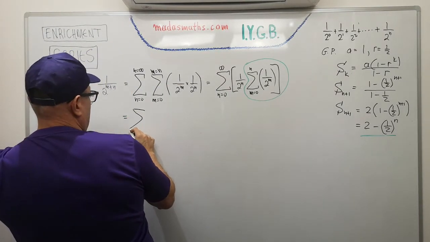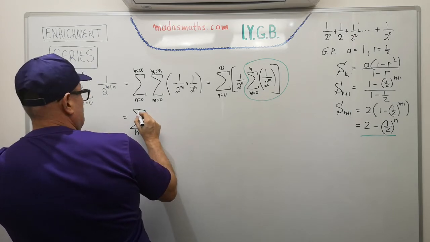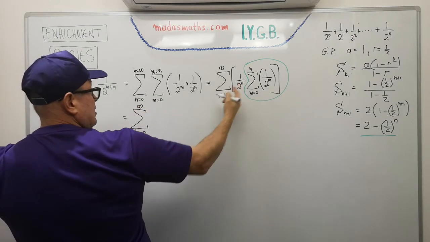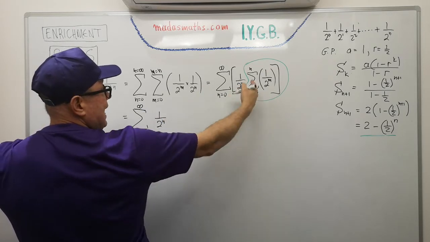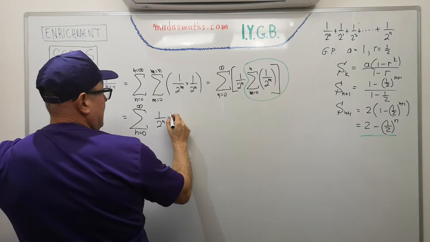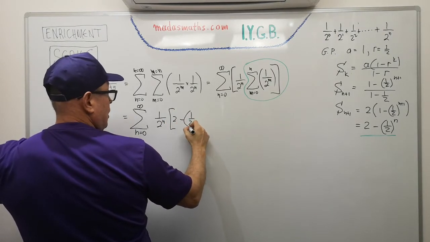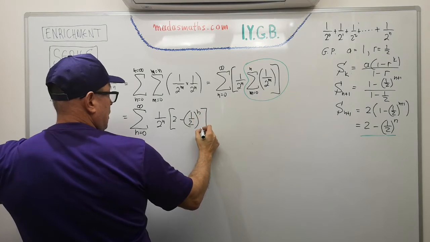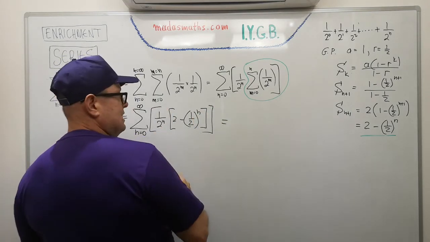So far we have sigma from n is equal to 0 to infinity, and I still got the 1 over 2 to the n, that's this bit here, and all of this turned out to be, I'm going to use a bracket, 2 minus a half to the power of n, close bracket, and let's put another bracket so it can look very impressively scary.